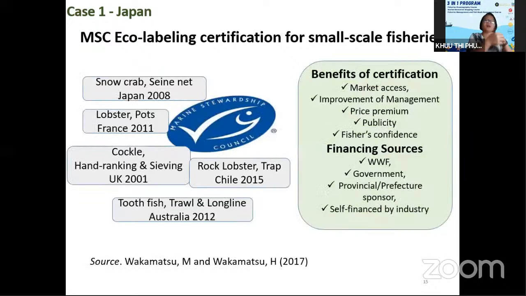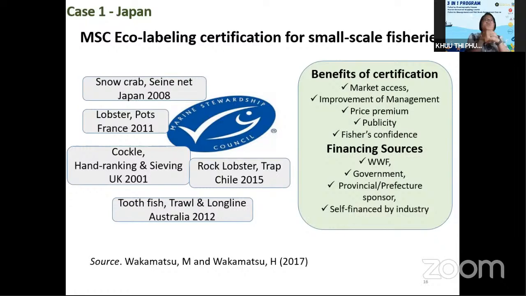But for small scale fisheries, it seems quite difficult. The benefits of certification and the financing sources are shown in the slide. You can see some developed countries have applied MSC certification to a lot of products.